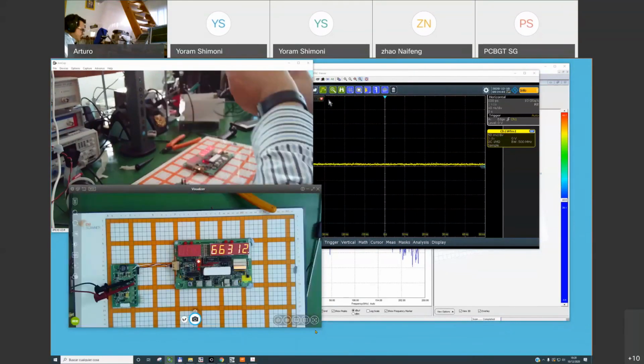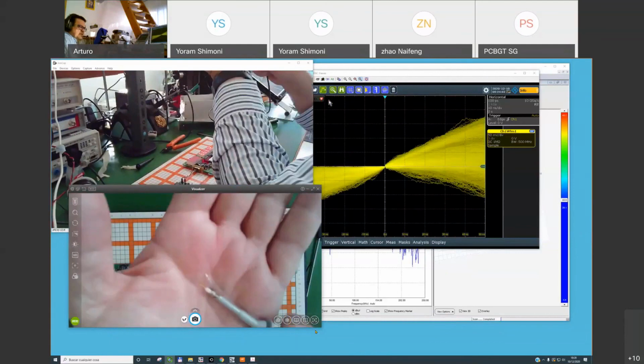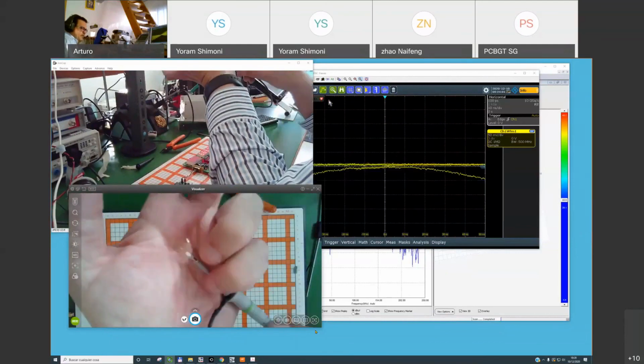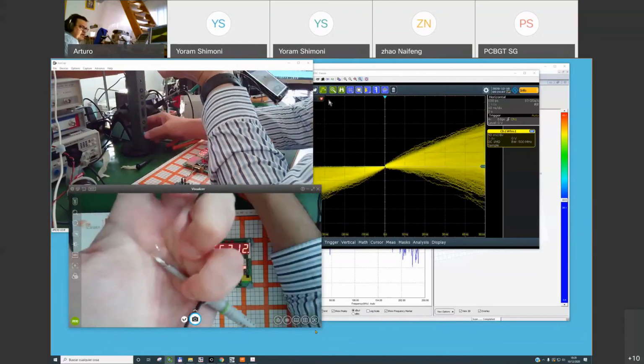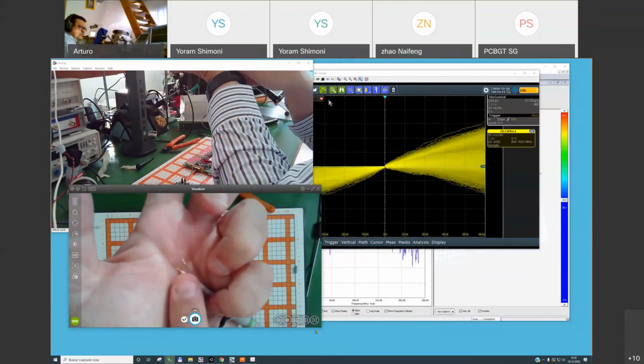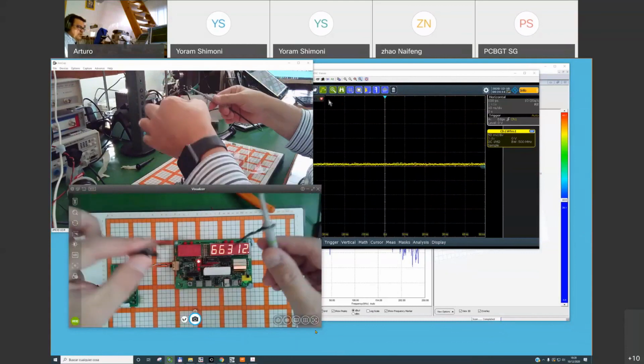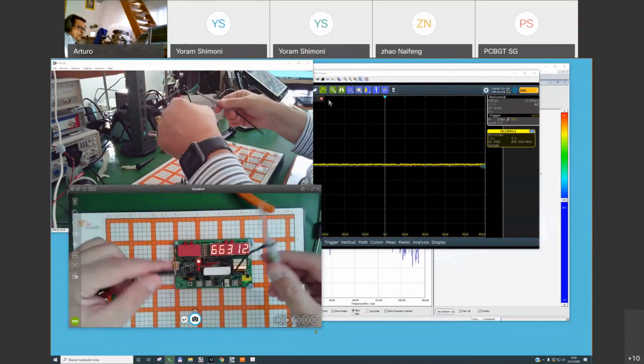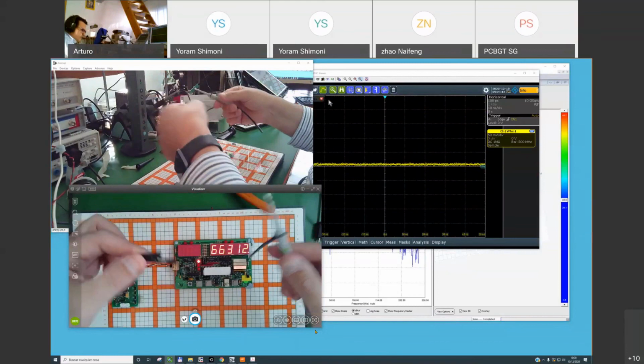Okay, you can see that there is no pigtail. It is forbidden to use this long pigtail. This is 200 nanohenries or something like that.